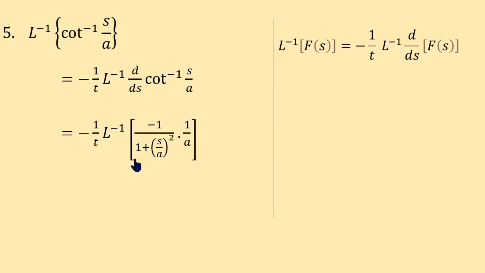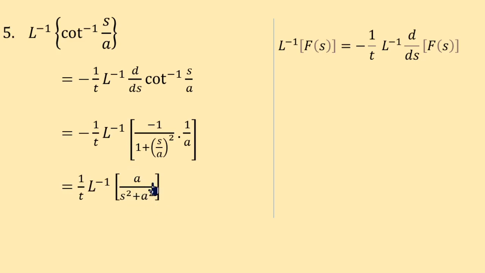Taking the common denominator, (a square plus s square) by a square, the a square goes to the numerator and cancels one a. So, it is minus a by (s square plus a square). Take the minus outside: minus minus plus, 1 by t into L inverse of a by (s square plus a square).